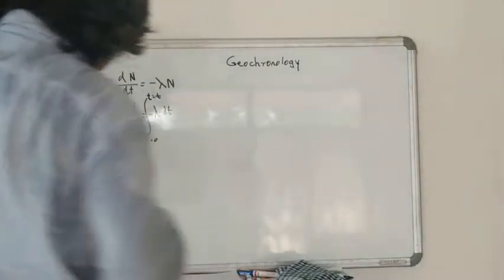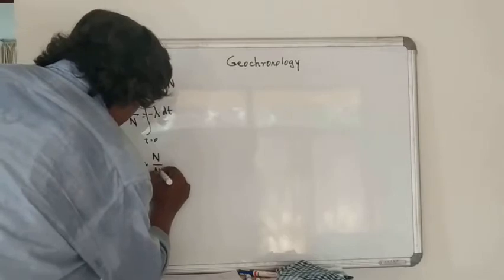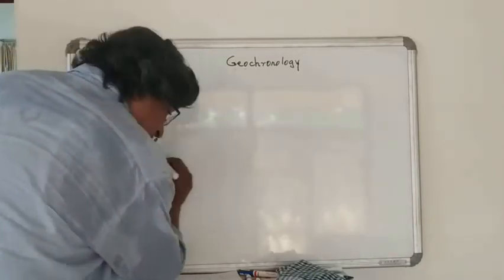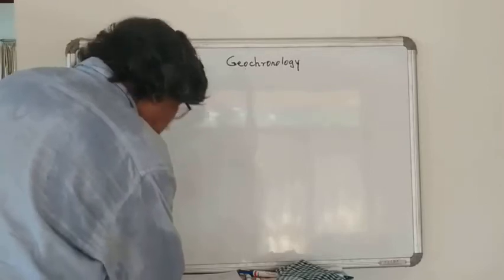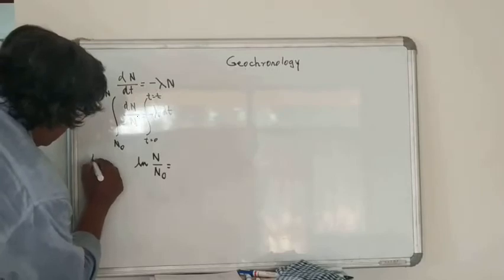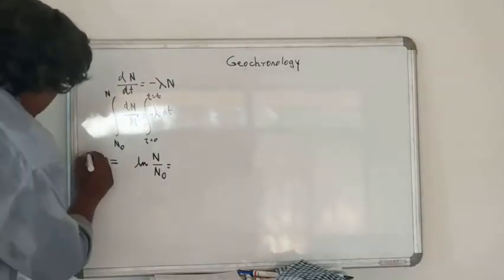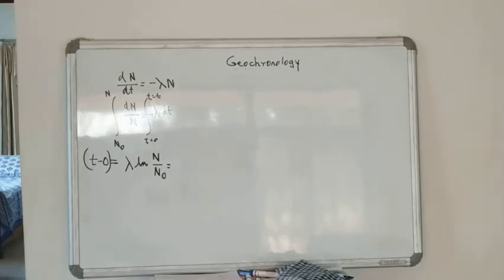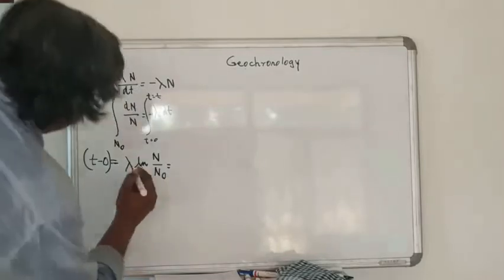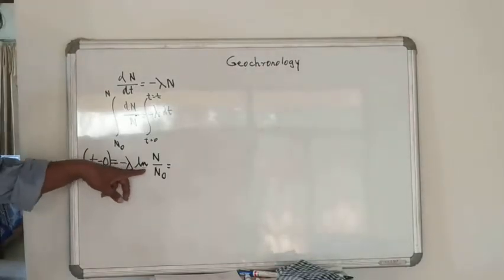And for this you will have ln N by N0 is equal to minus lambda t minus 0.